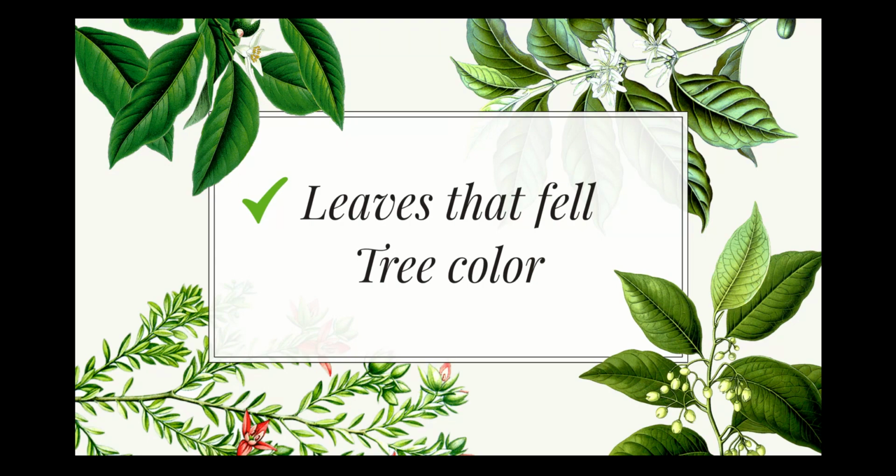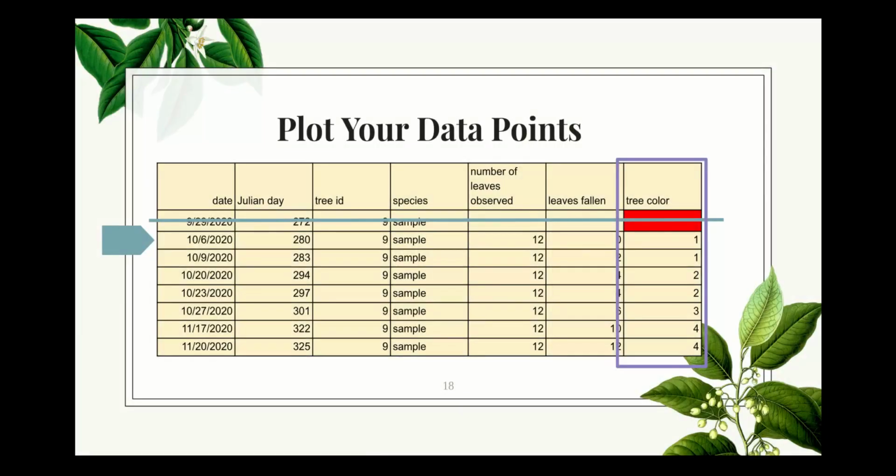So you're going to try to apply what you've learned in the first graph to making a second graph. In this second graph, your x-axis will be the same. It will still be the Julian days or the day of the year, but the y-axis is going to be the tree color. And so the data points that you plot will be in that last column called tree color on your data table.